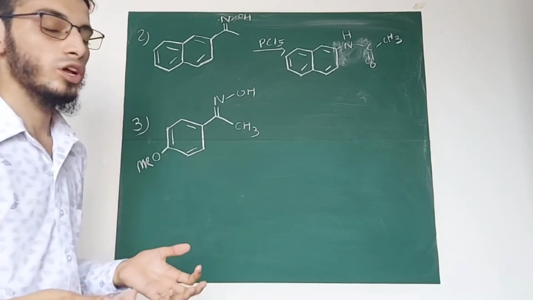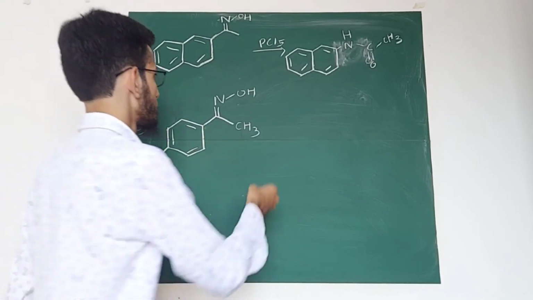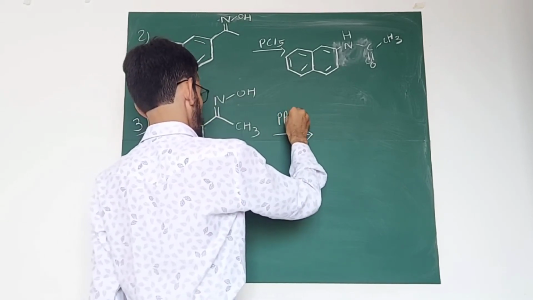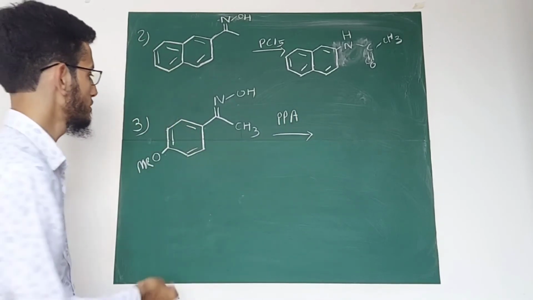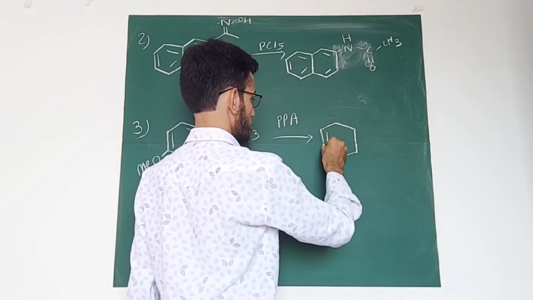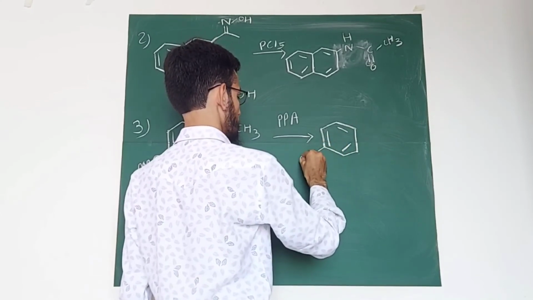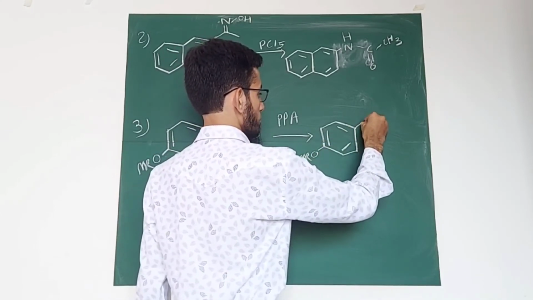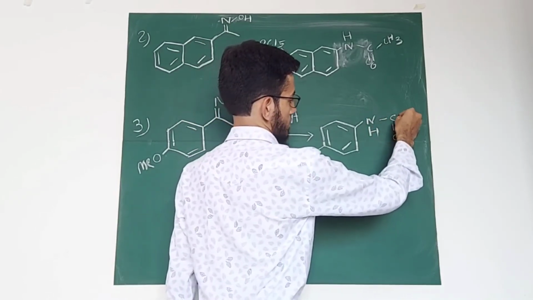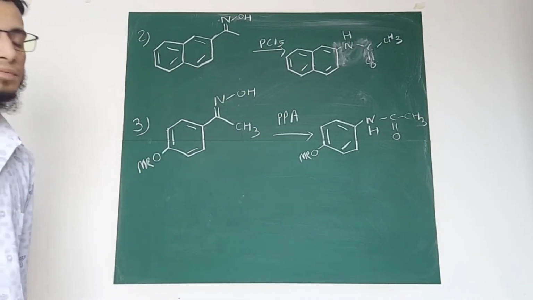If we had not given stereochemistry, then according to the migratory aptitude, the phenyl group would migrate. With PPA, polyphosphoric acid or anything, we will get here OMe, NH, then CO, then CH3. This is the product.